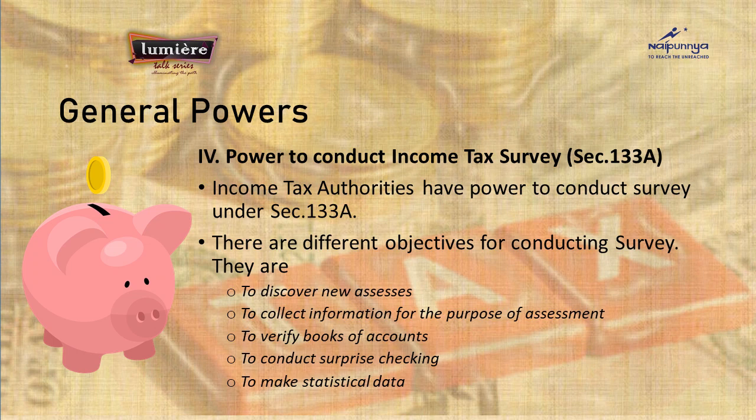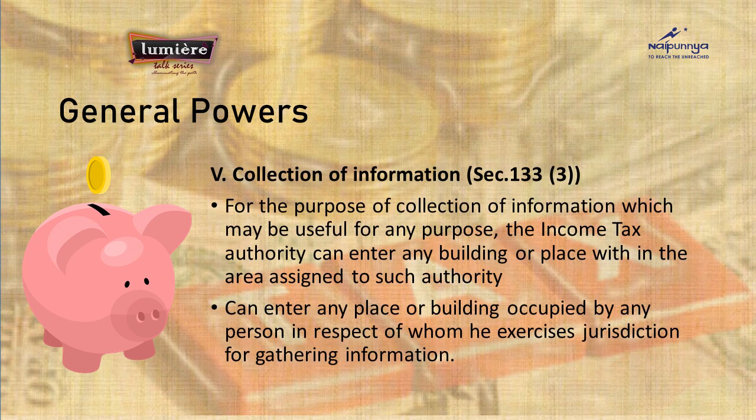the income tax department. And the next general power is collection of information, that is section 133 subsection 3. For the purpose of collecting information which may be useful for any purpose, the income tax authority can enter any building or place or area assigned to such authority. So if a particular authority wants to collect information related to an assessee, they have the full right to enter a place or a building to collect information.